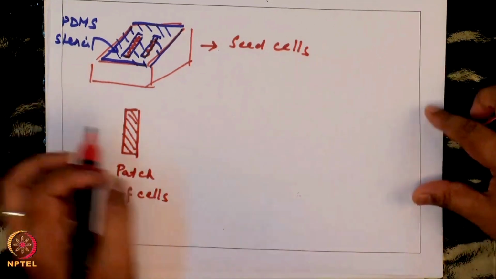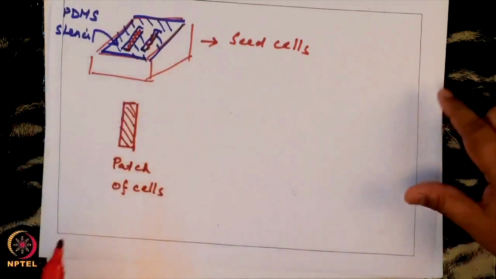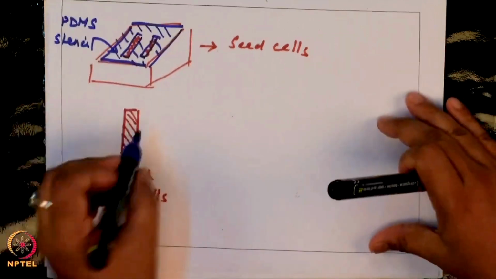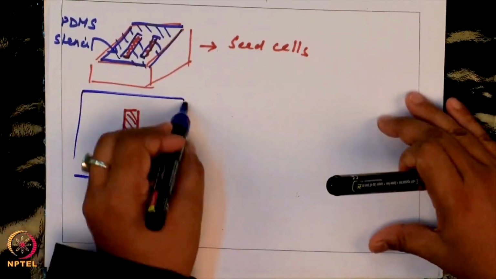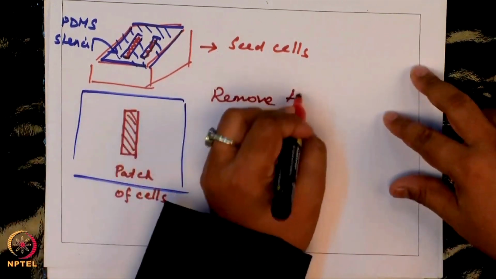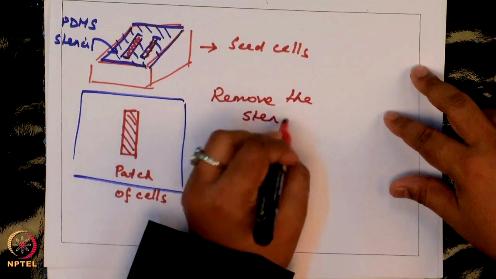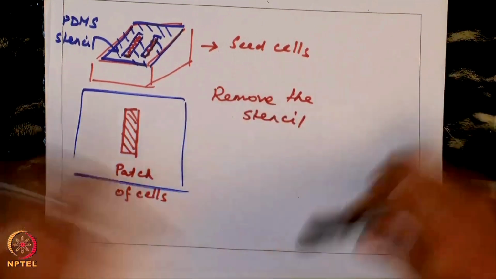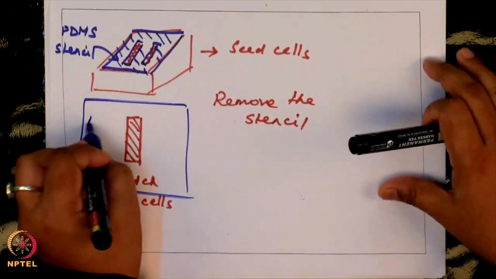This is the entire surface. If you remove the stencil, what you have is empty space.